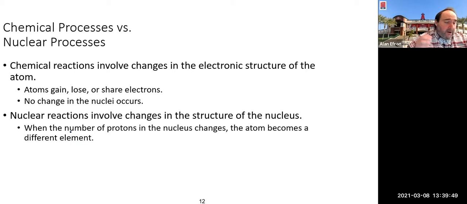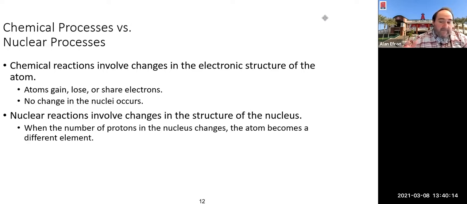Nuclear reactions are all about changing what's happening in the nucleus with our protons or neutrons, changing protons into neutrons, neutrons into protons. And as we will also see, one of the big differences between a chemical reaction and a nuclear reaction is that we're playing with things like protons and neutrons in the nucleus.